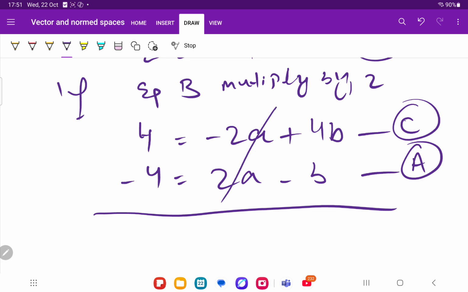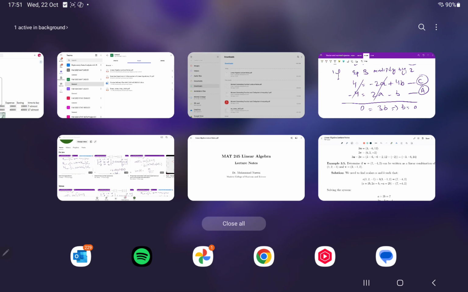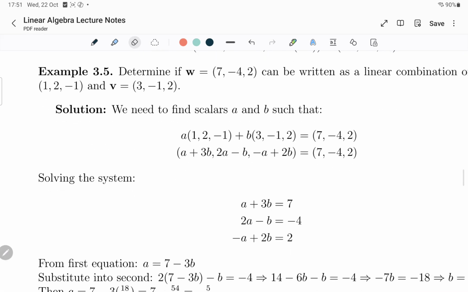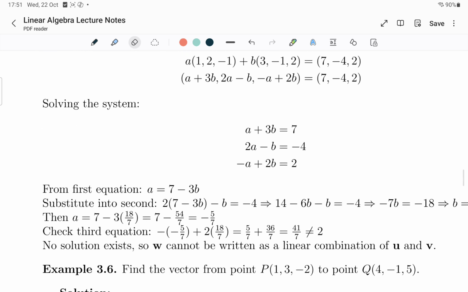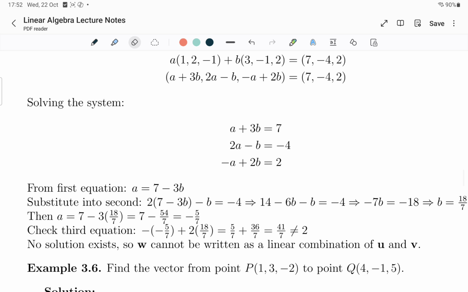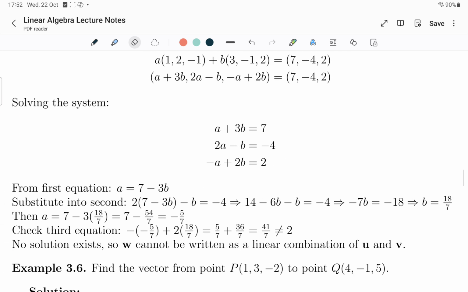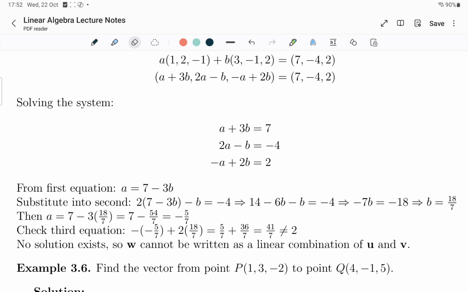So this will be cancelled, and we have 3b equal to 0, so b is equal to 0.